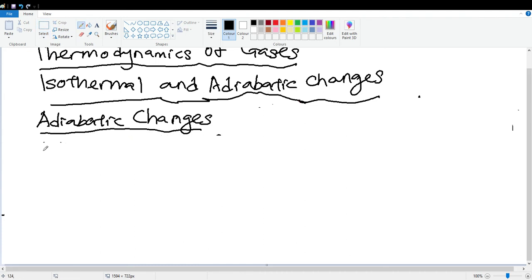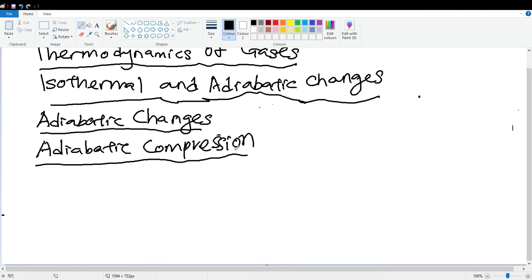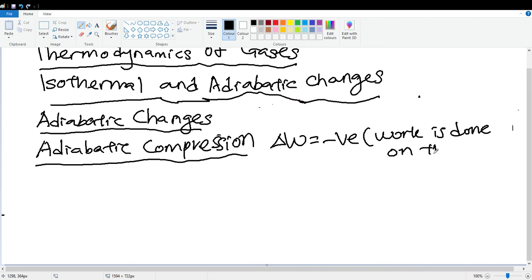So let's just go through adiabatic compression. Basically, in compression, the work done is negative, which means the work is done on the gas.